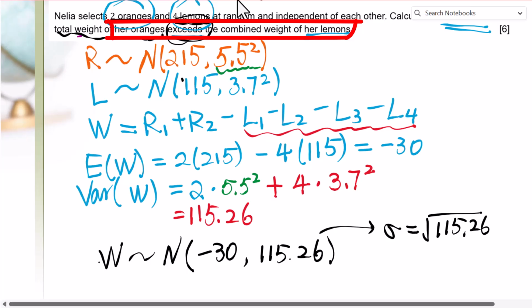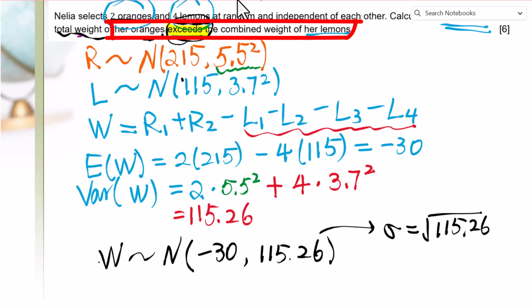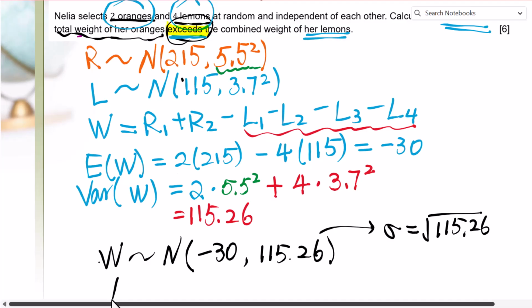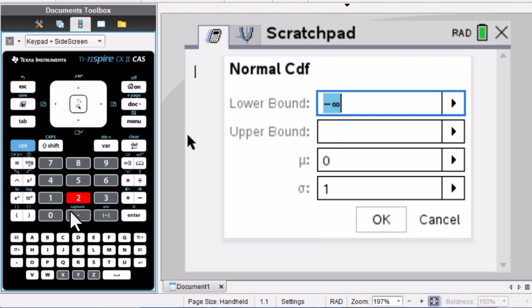We are looking for total weight of oranges exceed, which means R1 plus R2 minus L1 minus L2 minus L3 minus L4 greater than 0. We are looking for probability of W greater than 0. Lower bound is 0.